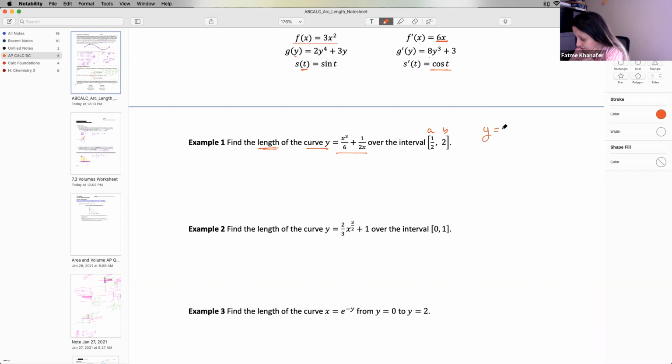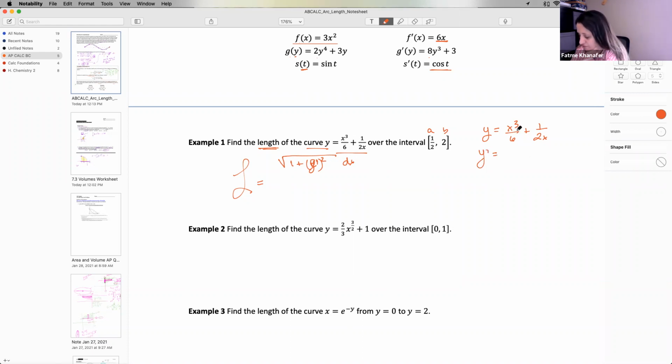So remember, if the function is y equals x cubed over 6 plus 1 over 2x, in order to figure out the length of the curve, our formula is the integral of the square root of 1 plus the derivative, y prime squared, dx. So I need to figure out the derivative of this function.